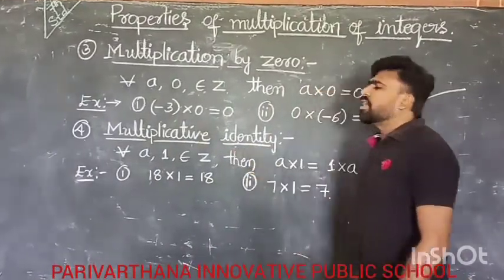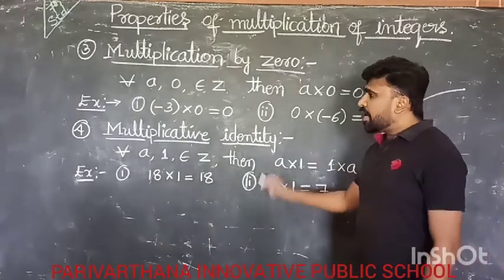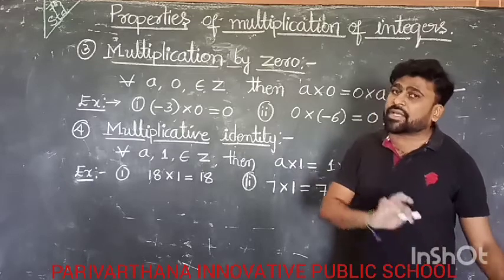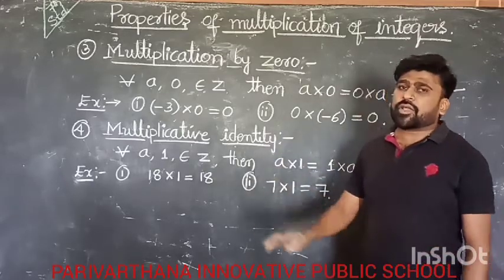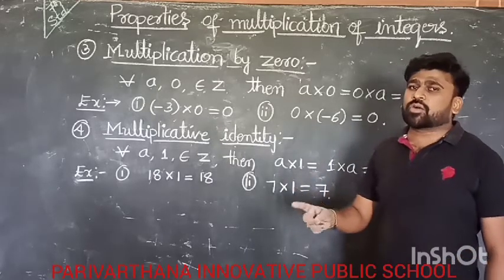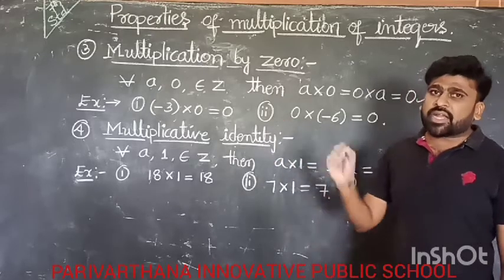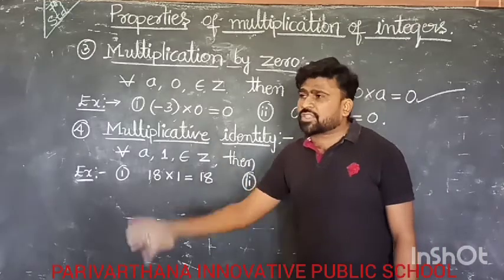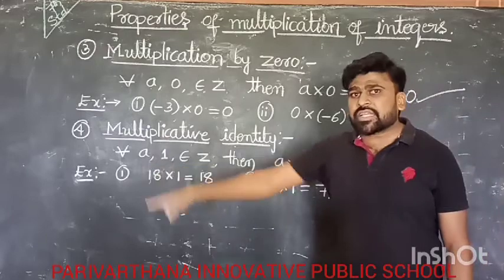And the fourth property is the multiplicative identity. This is like the additive identity; both are similar. Regarding the additive identity, a plus 0 is equal to 0 plus a, and the answer is a. If you add any number with 0, the answer is the same.